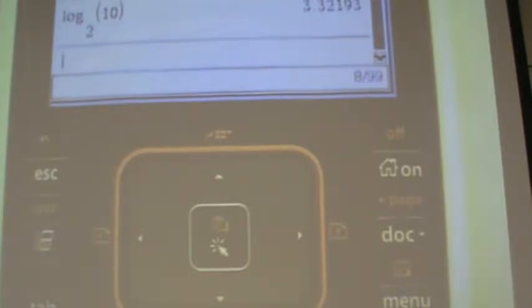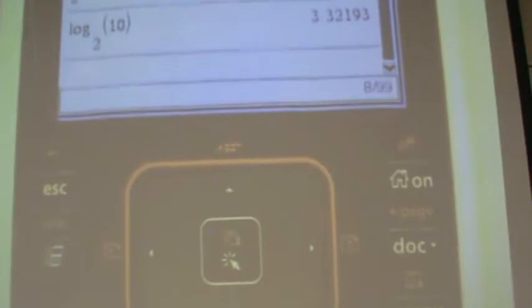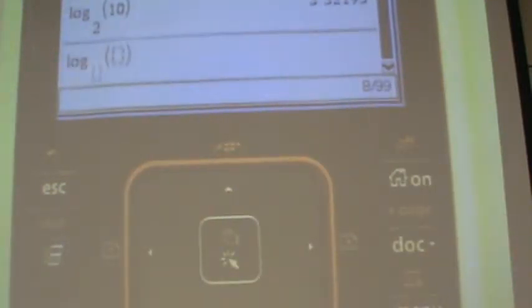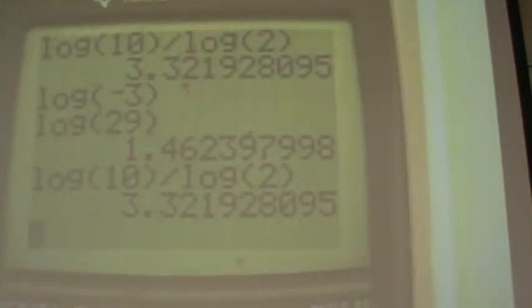So there's two ways on this calculator you can do it. You can do the change of base formula, which is the log of, actually this one's gonna have you do it that way. It automatically prompts it to be that way. So if you have the old calculator, you're gonna do it that way. Log of 10 divided by log of 2.